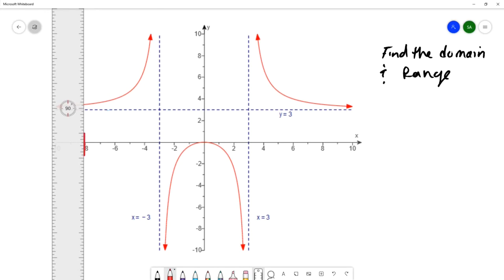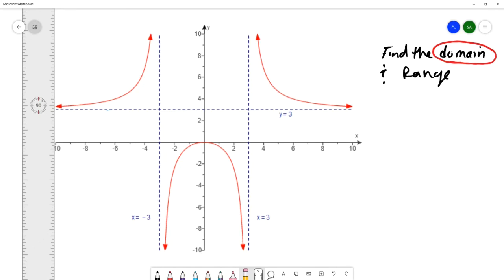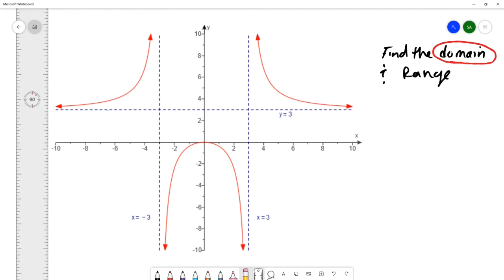So when I hold the ruler vertically, it's going to help me determine what the domain is. I write the domain down in interval notation, and interval notation lists things from smallest to largest. So that's why I'm starting my ruler over here on the left-hand side, because this will be the smallest x value. My ruler is pointing to the smallest x value.